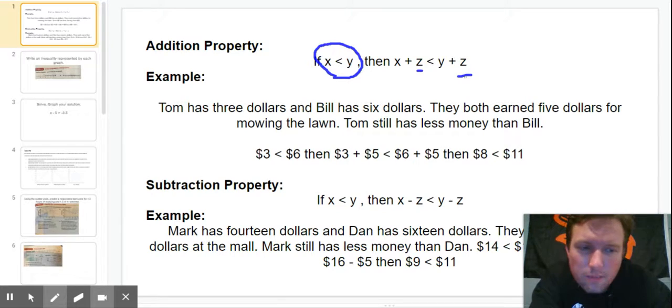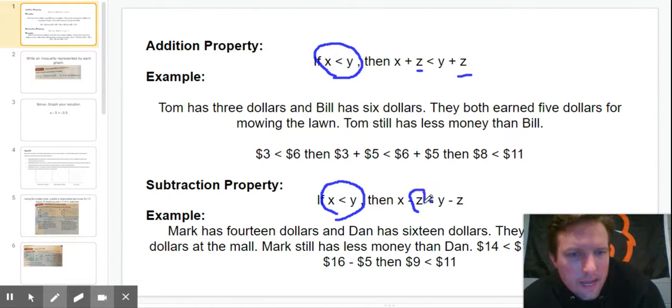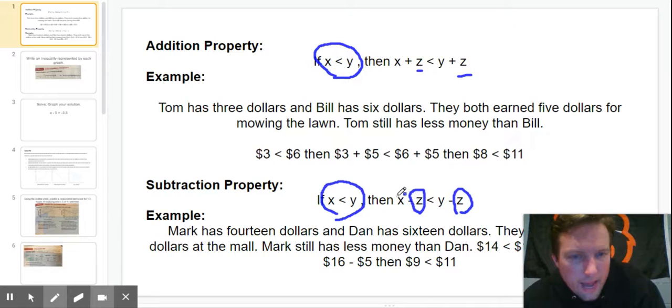Now, the subtraction property of inequalities is the same. For example, down here, I have x is less than y. If I take x minus z and y minus z, if I'm taking away the same amount, then x is less than y is still true. This statement or inequality is still true.